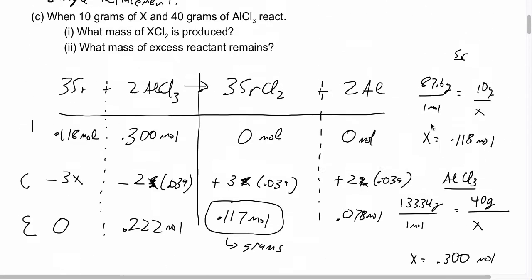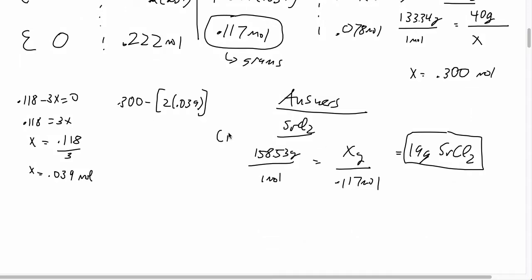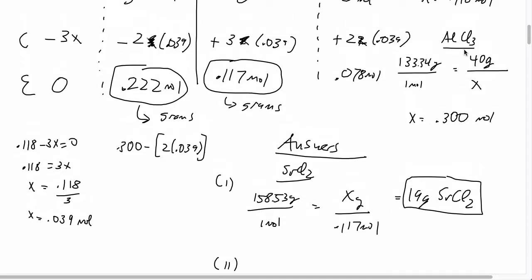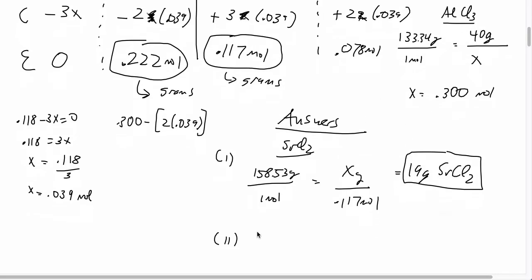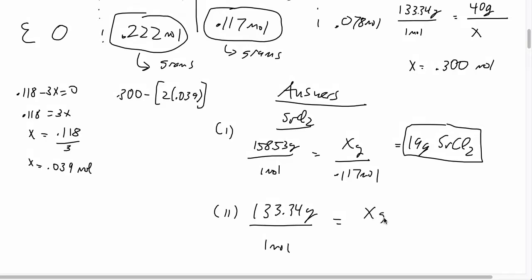And then it said mass of excess remaining. Okay, so this is the answer to 1. 2 is going to be this. The grams. So we already did the molar mass of that right there. So we have grams in every 1 mole is equal to X grams in every 0.222 moles.